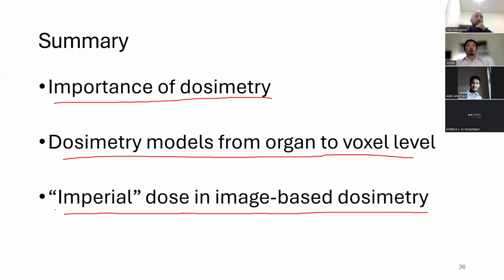So to navigate that, when we do a study, we need to put in detail how we come up with the images and how we calculate the dose. It's not sufficient to just say, hey, we do personalized dosimetry with SPECT-based, and that's it. A lot of studies have done that. In that case, it is not reproducible because the variability is high. That's all I have. Thank you for your attention.